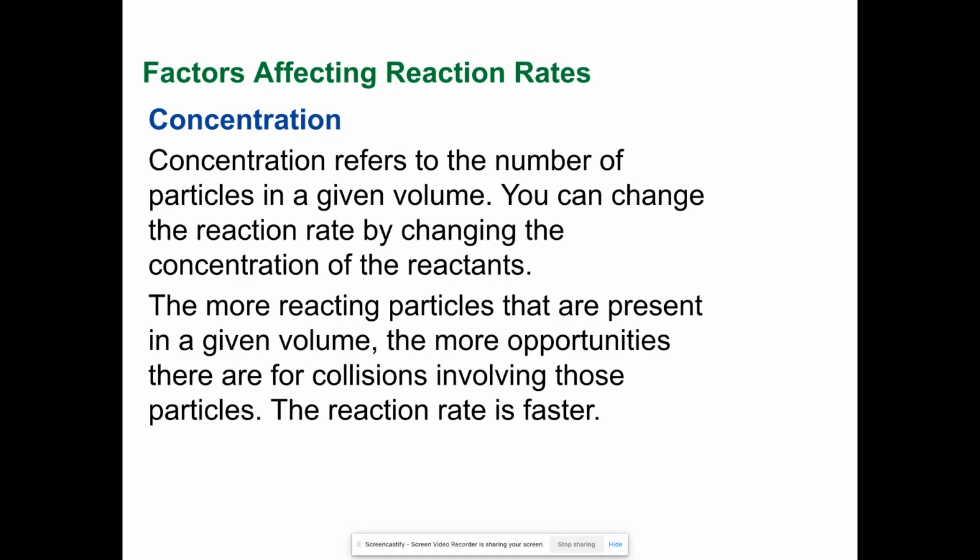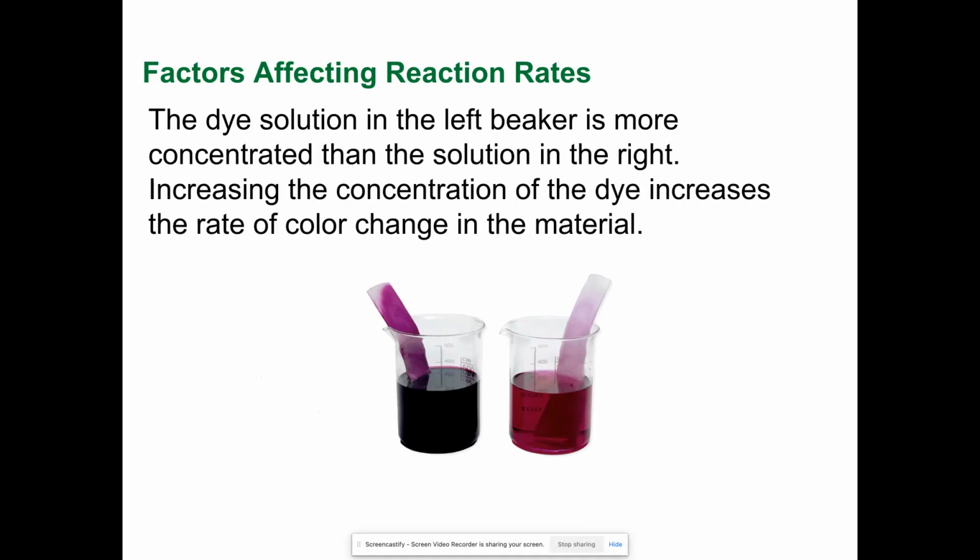The higher the concentration, the more of the reactant is available. And a lot of times we will dilute things purposefully to slow down the reaction. Okay. So a dye solution in the left beaker is more concentrated than the dye in the right. Increasing the concentration of the dye increases the rate of color change.